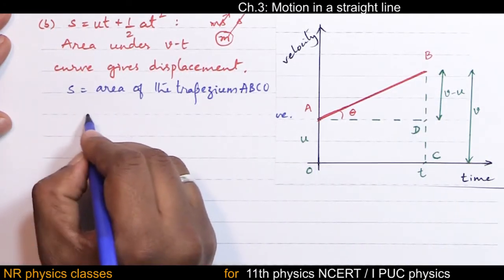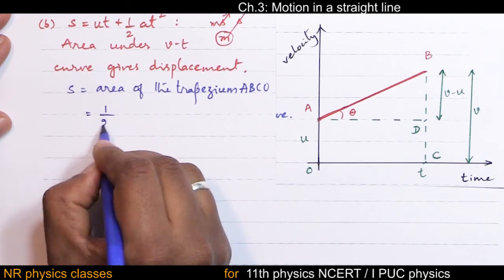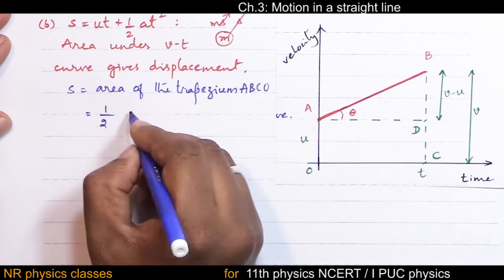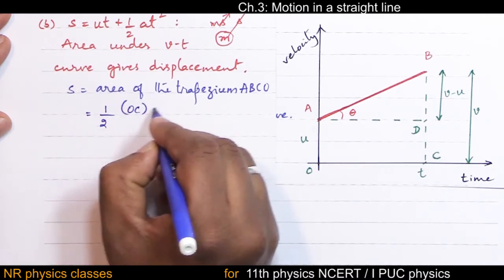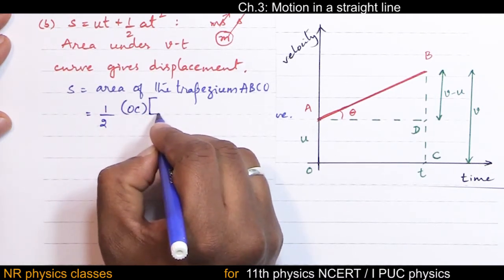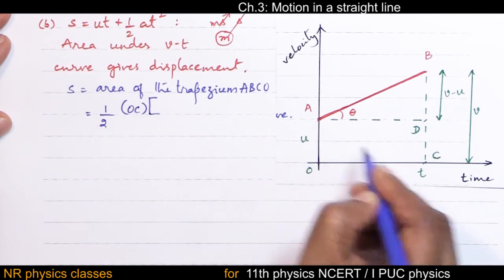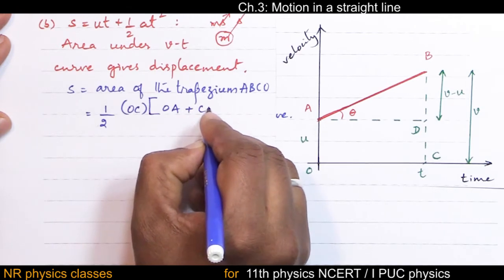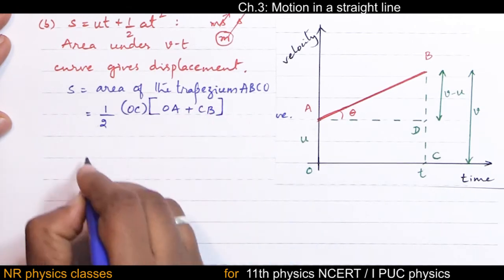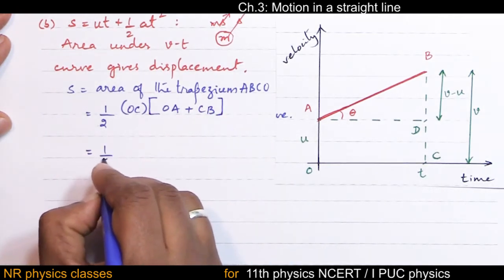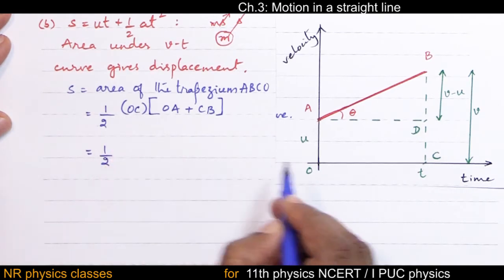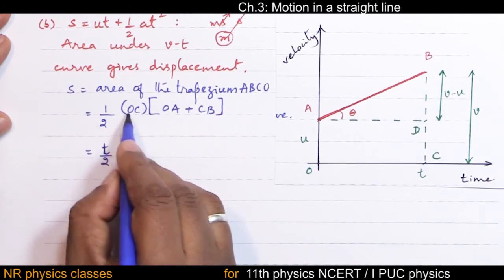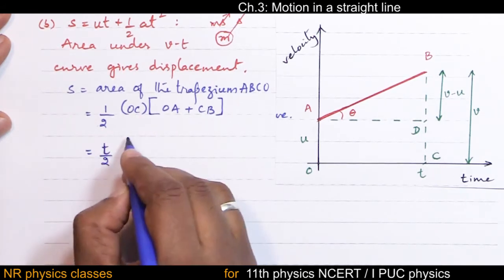The area of a trapezium is half into the distance between the parallel sides, that is this distance OC, into the sum of the parallel sides, OA plus CB. That equals half OC. OC is time, therefore T by 2.